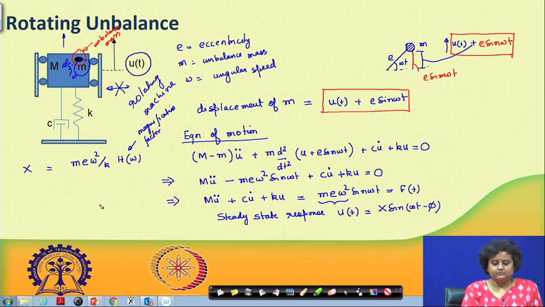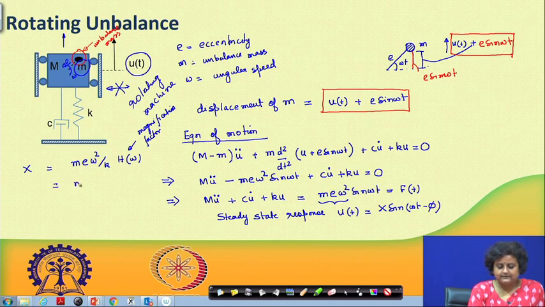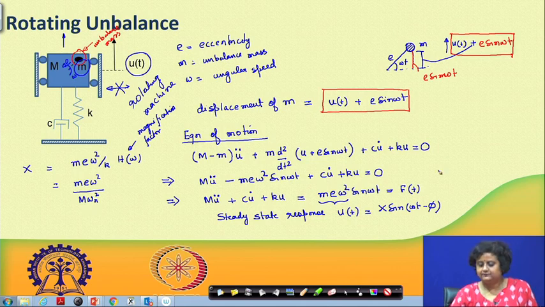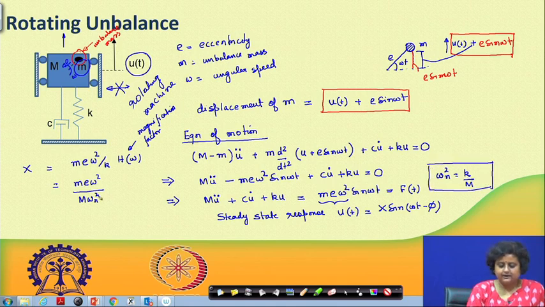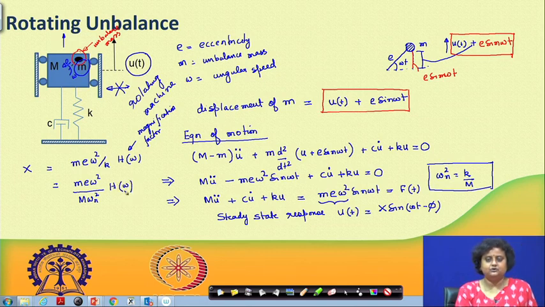Instead of k, I can also write this as M omega n square, since k can always be written as M omega n square, where omega n square is the natural frequency of the system, k by capital M. And therefore, we can get the amplitude of the steady state response of a machine having a rotating unbalance operating at an angular speed of omega.